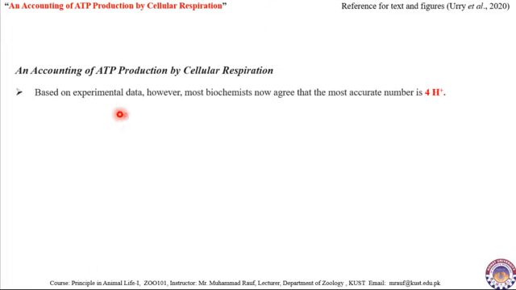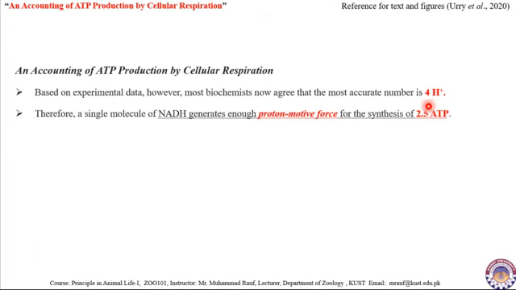So based on experimental data, however, most biochemists now agree that the most accurate number is 4 hydrogen ions. Researchers are of the opinion that if 4 hydrogen ions pass through ATP synthase, then it produces enough energy to form an ATP molecule.